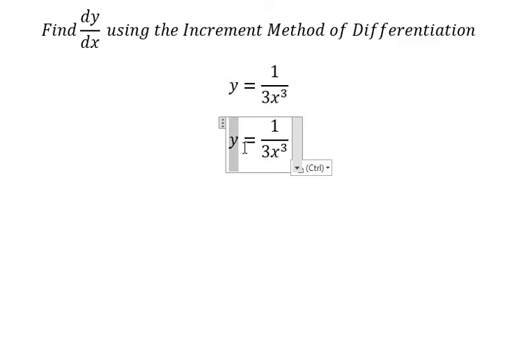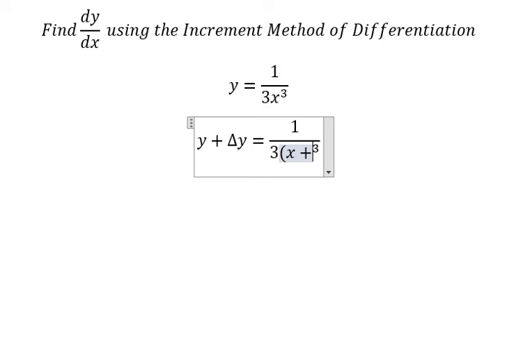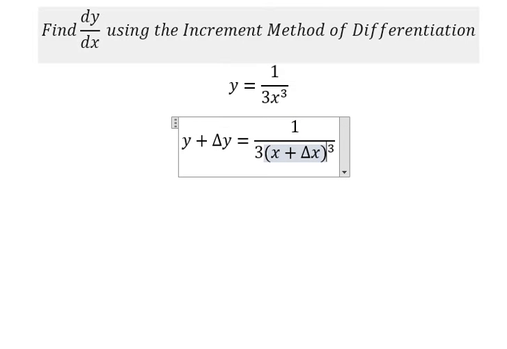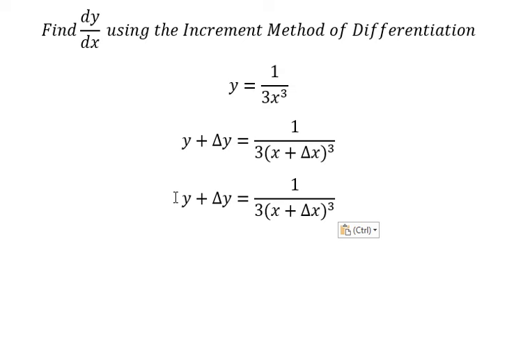So for y, we need to put delta y, and for s we need to change it to s plus delta s. Next, I will put y to the right.